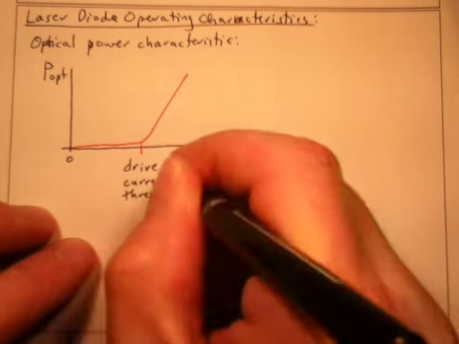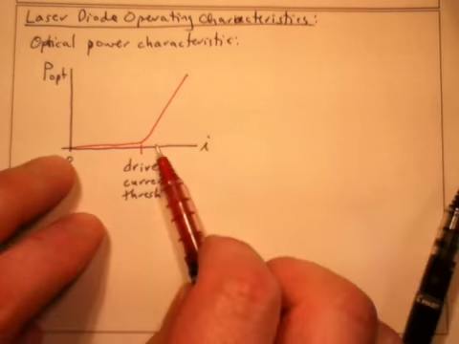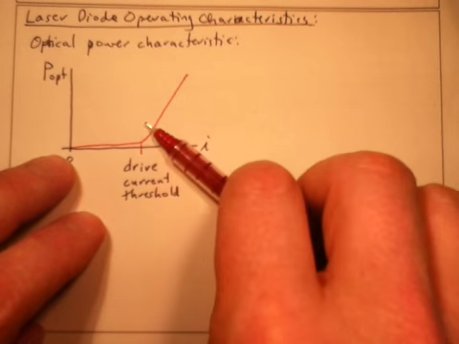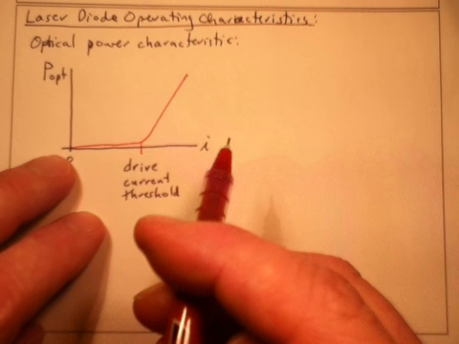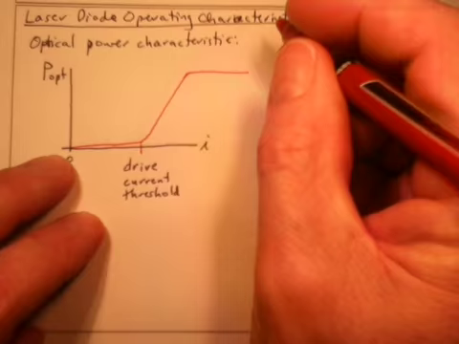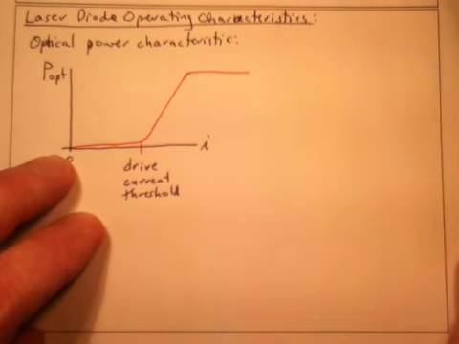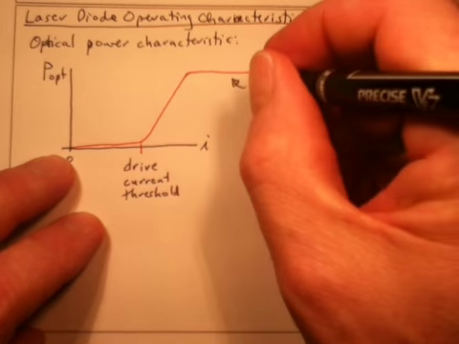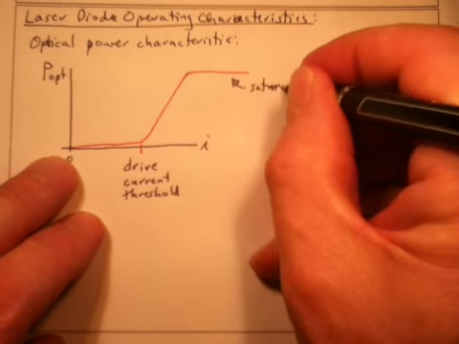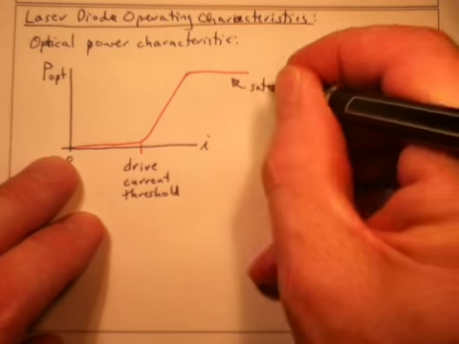Okay, and then once we reach that drive current, we can go ahead and operate over some range of output powers. Ultimately though we're going to saturate again. You can't drive the thing forever, with some maximum power.